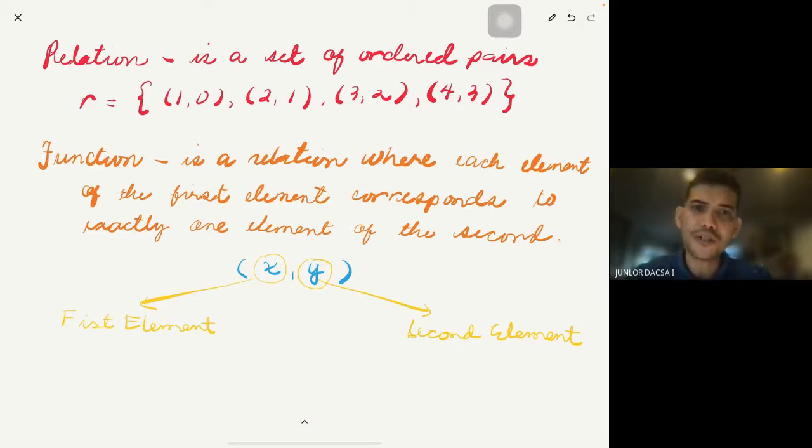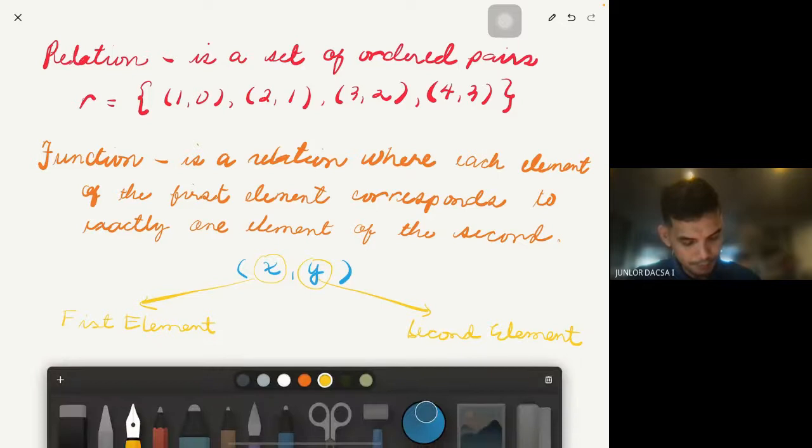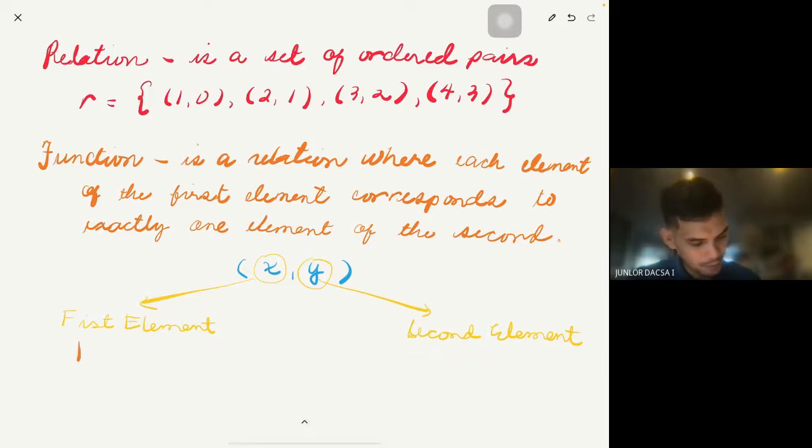Okay, what is a function? When we say a function, it is a set of ordered pairs or it is a relation where each element of the first element corresponds to exactly one element of the second. So let us say that we have ordered pair (x, y), the first element x, we call that the domain or input.